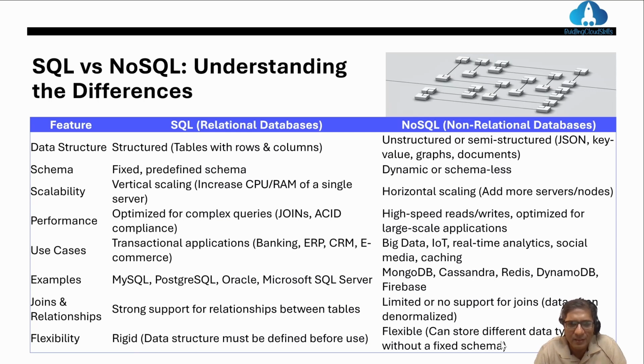This is flexible. As I said, the primary key has to be unique. That's it. Rest all the attributes can keep changing. So that's unique about the NoSQL database. All right, so this was just to bring this insight into how SQL and NoSQL are different from each other. Thank you for watching it.